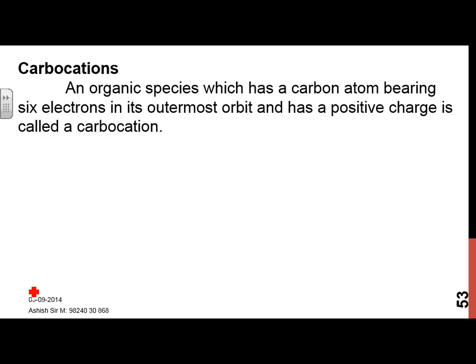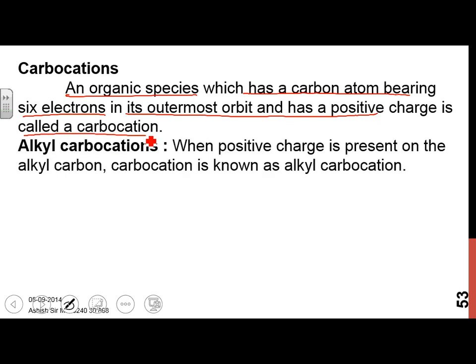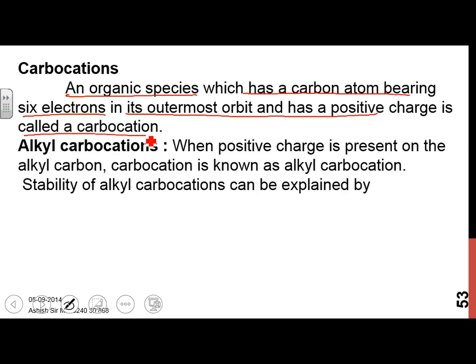Now, there are different types of carbocations. What is a carbocation? An organic species which has a carbon atom bearing 6 electrons in its outermost orbit and a positive charge is called a carbocation.